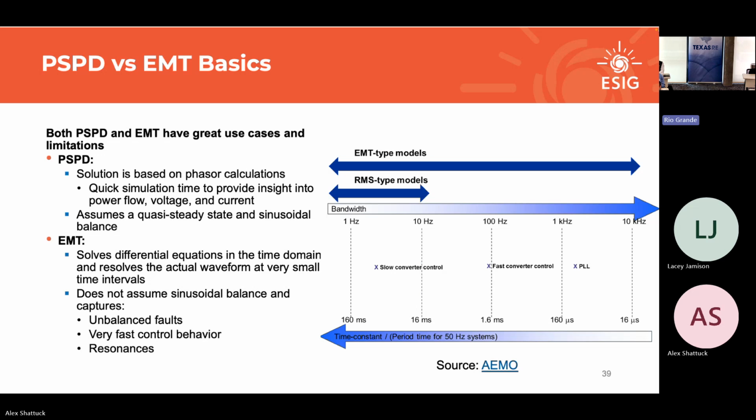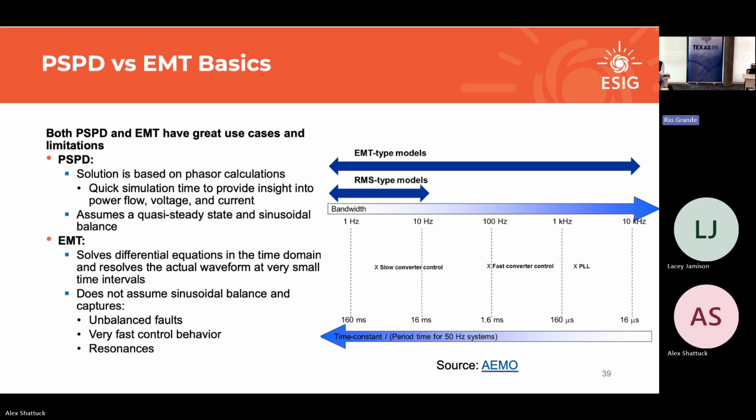Whereas we know from our circuit fundamentals that we have a series resonance on that transmission line. So that's a major problem for the network representation of PSPD, and we can say similar for system harmonics, which are basically not represented, the system resonances, and then it's a real problem.